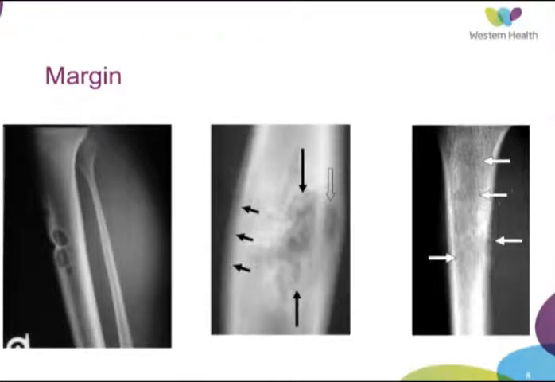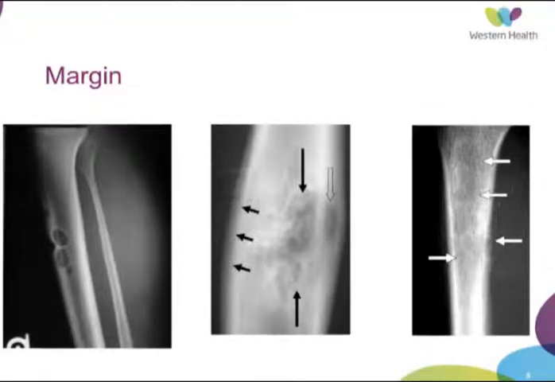And then that can progress onto a permeative process, where you can see that there's a reactive process going on, but it is impossible to define where the tumor is and where the normal bone is. I've ordered these in this progressive order because this is indicative of the likelihood of the aggressive nature of it, or the chance of malignancy.